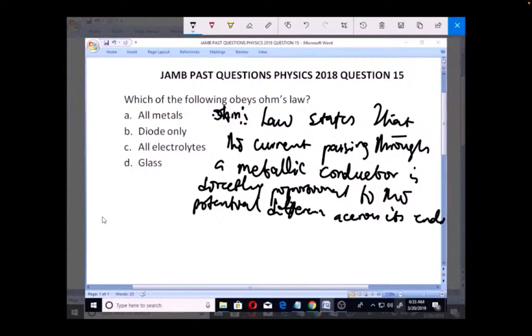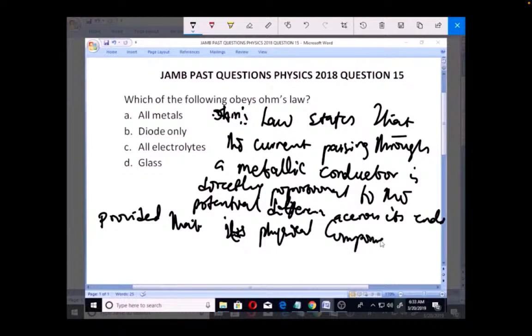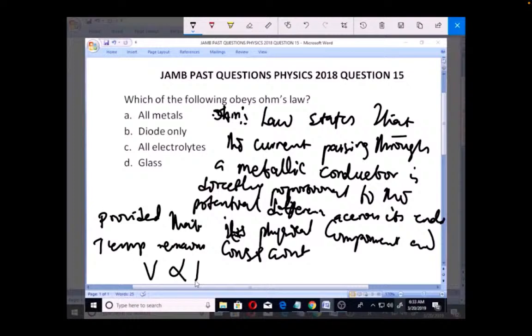And this law holds true provided that for the conductor, its physical components and temperature remain constant. So that is the statement of Ohm's law. In equation form, you can say that the potential difference is directly proportional to the current.